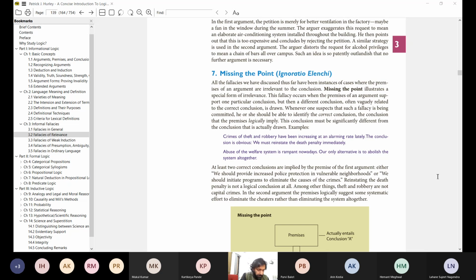So don't get too hung up on whether you got the label right. That's a secondary question. The label is just a tool towards getting better at finding the bad arguments.